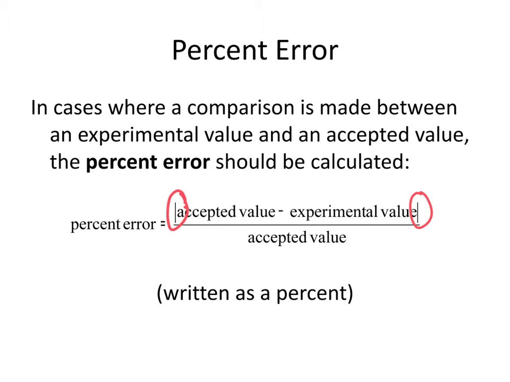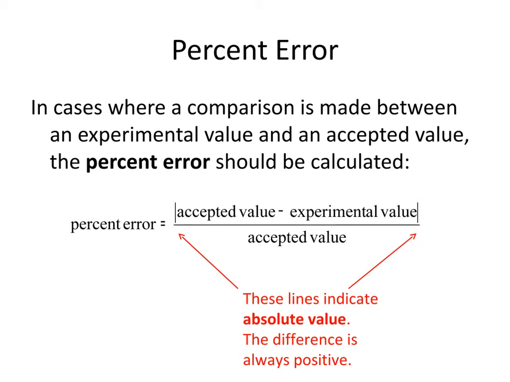So these symbols mean absolute value, which means we're only interested in the difference between them. We're not interested in whether or not the result in the numerator is positive or negative. So whatever we get in the numerator here, we just take it as a positive. And then we divide by the accepted value. And then we write that as a percent.